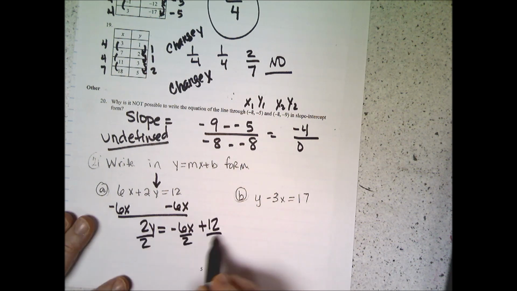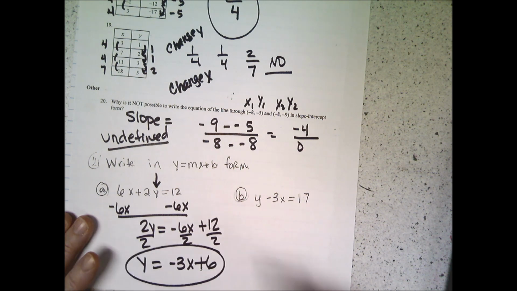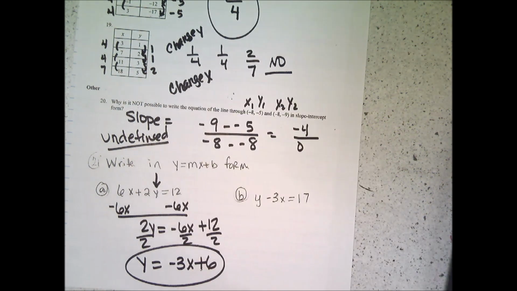Good. That's my answer to the first one. Second one, not as difficult. 12/2. You divide every little piece by 2. Okay.